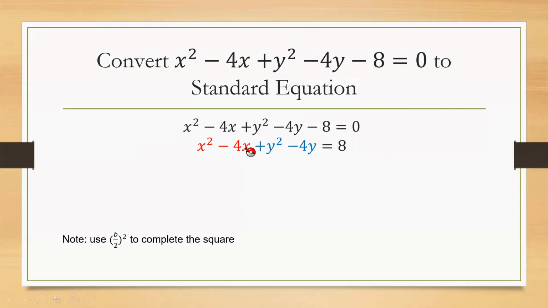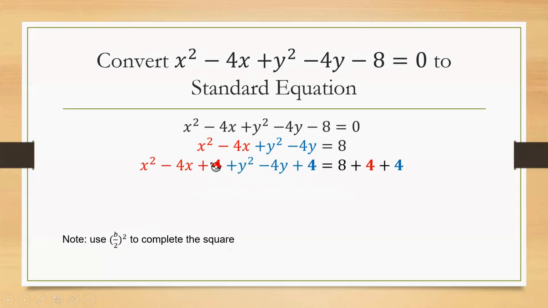Now, we have to complete the square. So first, we have to determine which is the b in our equation or in our terms. So for the x's, the b here is -4. So -4 over 2 is -2, and then we square that. -2 squared is 4.